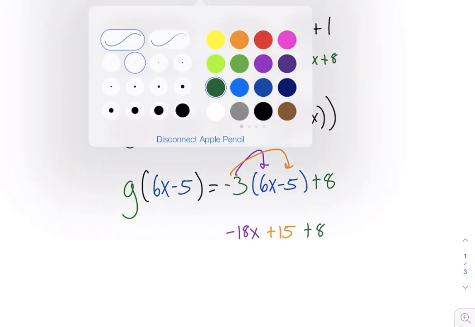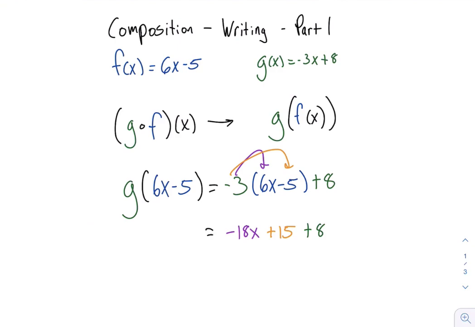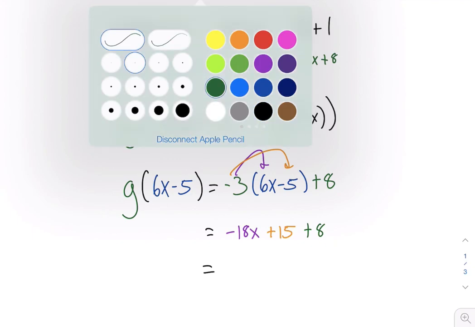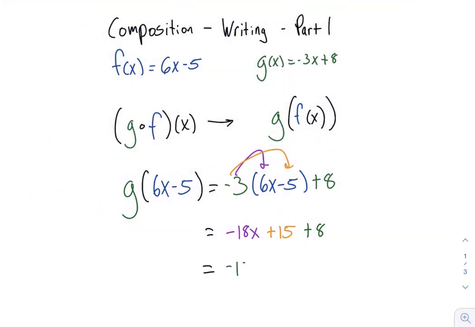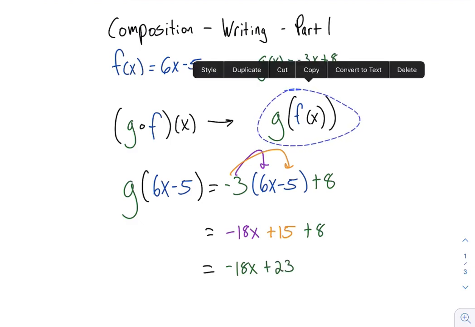And then from here, we're going to want to combine like terms. I don't have any other x terms, so that's going to stay as negative 18x. But I can combine 15 and 8, which is 23. So plus 23. And that's going to give us g of f of x.